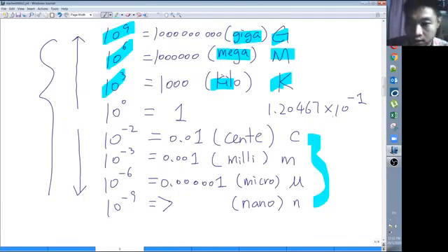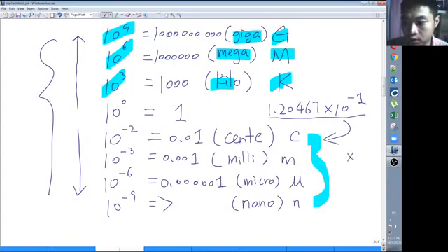So you can see that this whole thing is actually very close to the C here, so therefore you pick C. But your C here is 10 to the power negative 2, right?